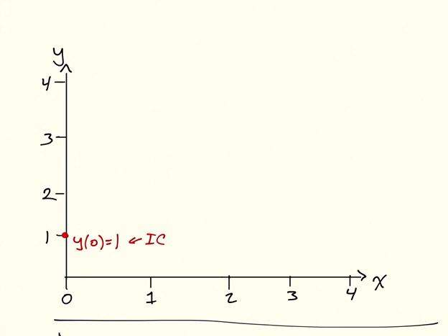And what is the slope there? Well, we can say that the slope is dy/dx, which is equal to 2 minus x, just given by our original equation, which is equal to 2 minus 0, which is just 2. So we know our slope at this location is given by 2.